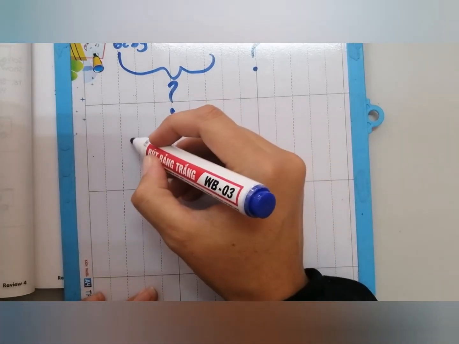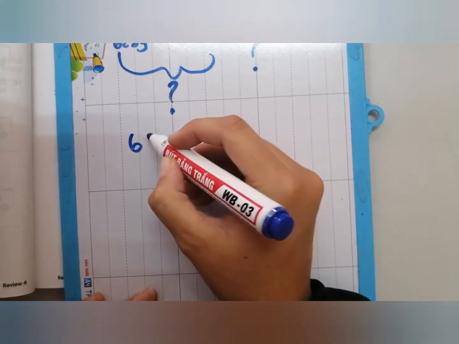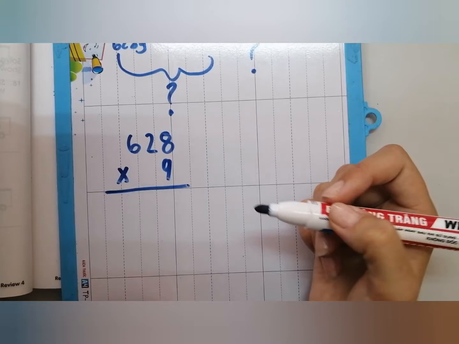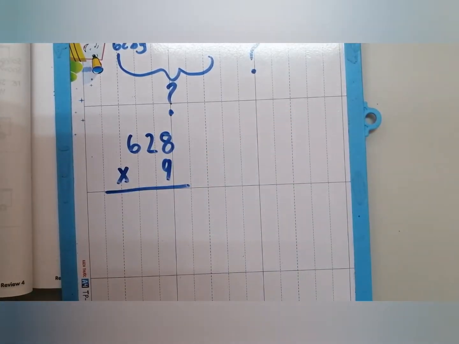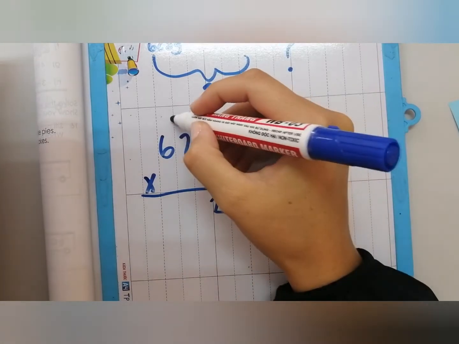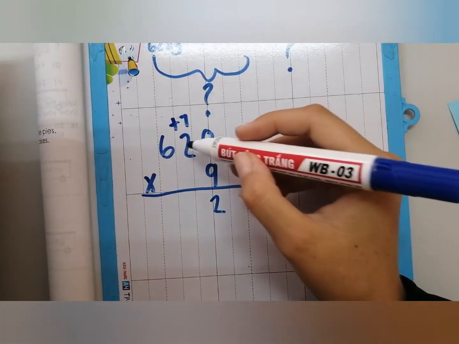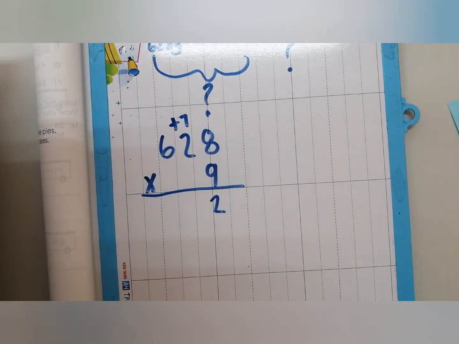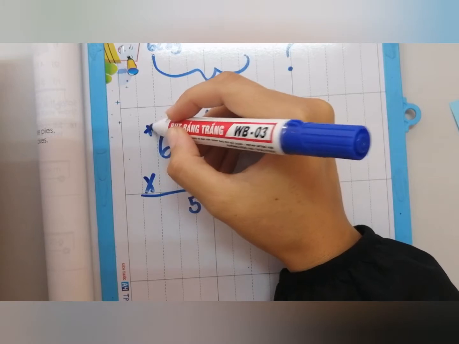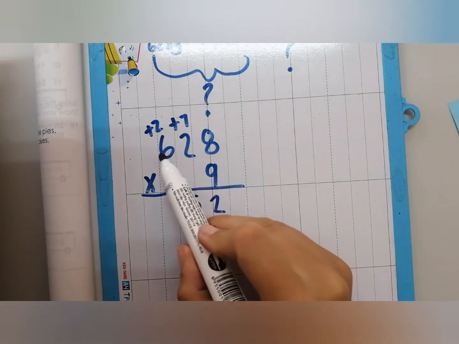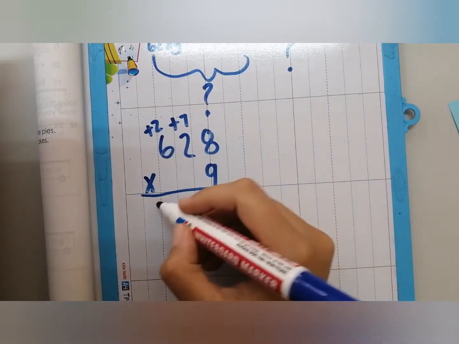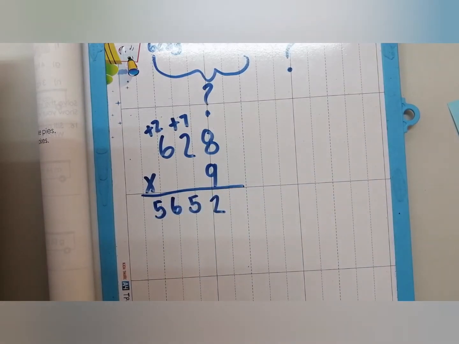So we say 628 times 9 equals. 9 times 8 equals 72, plus 7. 9 times 2 equals 18, plus 7 equals 25, plus 2. 9 times 6 equals 54. 54 plus 2 equals 56. 6. Okay.